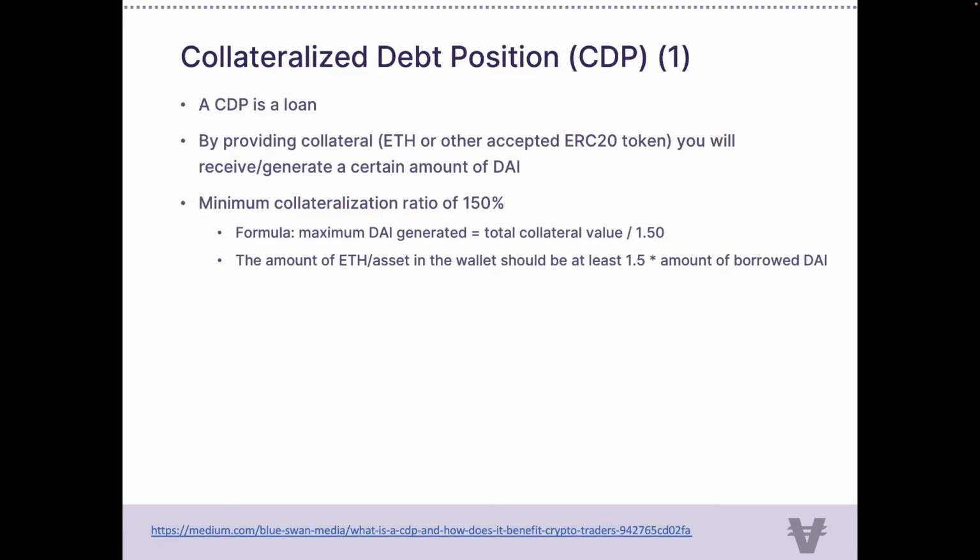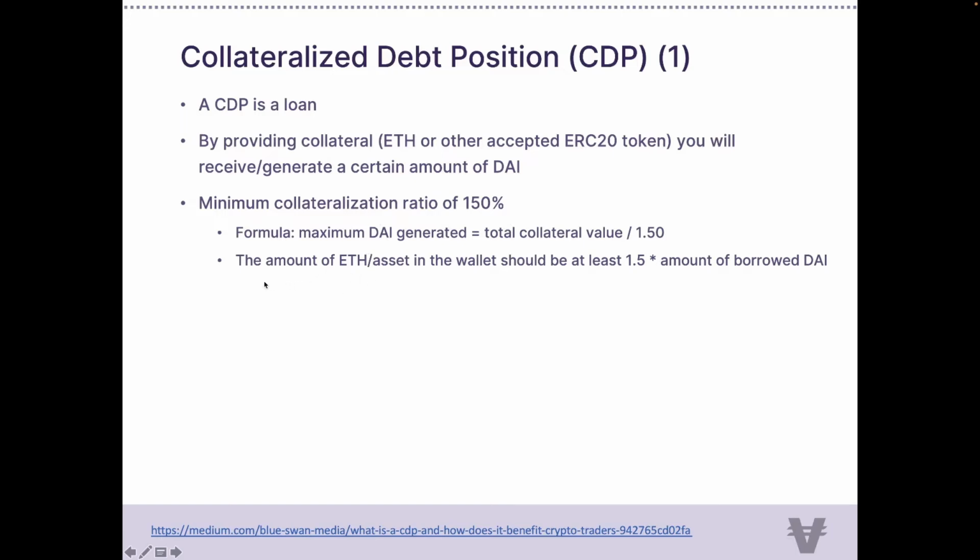If there are some downward price fluctuations, this could cause trouble, and you have to pay back the DAI that you were borrowing. We will go into more depth about this. It is advised to have a higher collateralization ratio, which will become more clear in the coming slides.